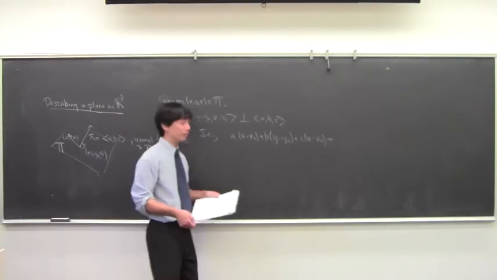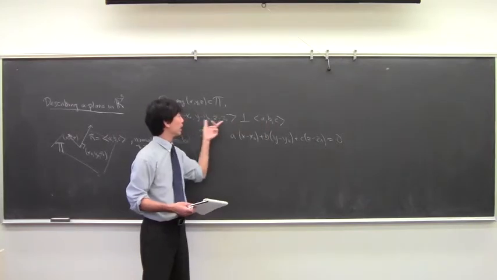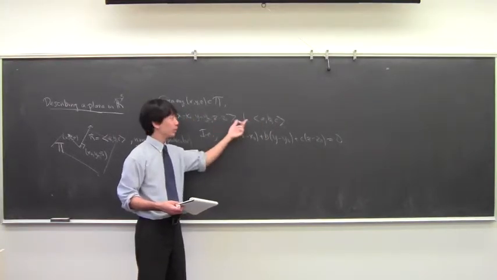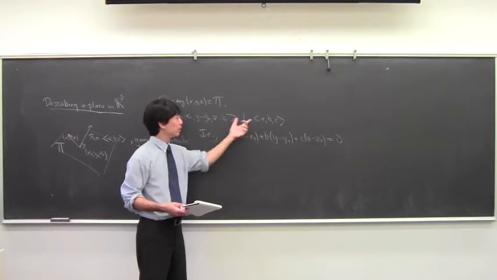Zero, right? Because that's the dot product. The dot product of this guy against that guy, if they're perpendicular, is zero, right?